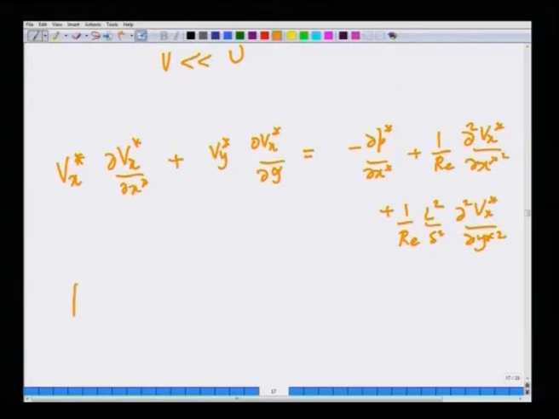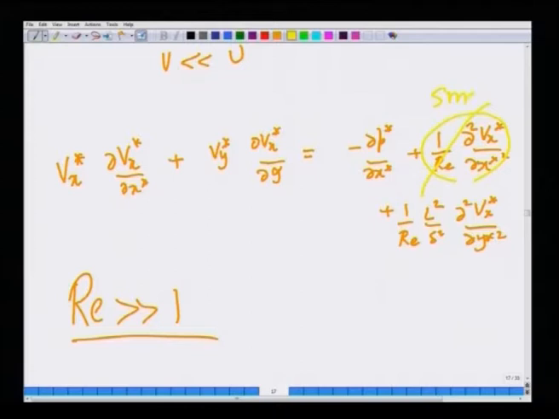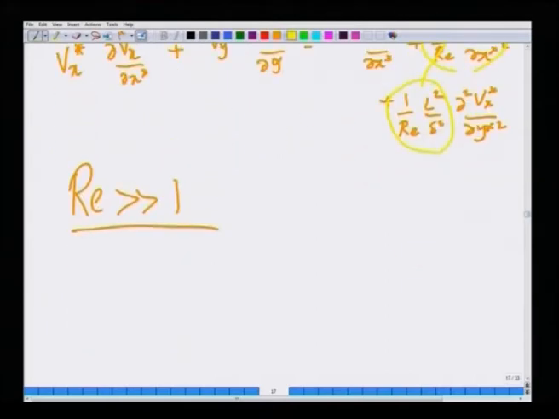Now, we are going to consider the limit Reynolds number large compared to 1, because we are in the business of dealing with high Reynolds number flows. So, this term is indeed small, okay. But when you look at this term, you get a combination. This is the gradient of velocity in the y direction, okay. You get 1 over Re times L squared by delta squared, okay.